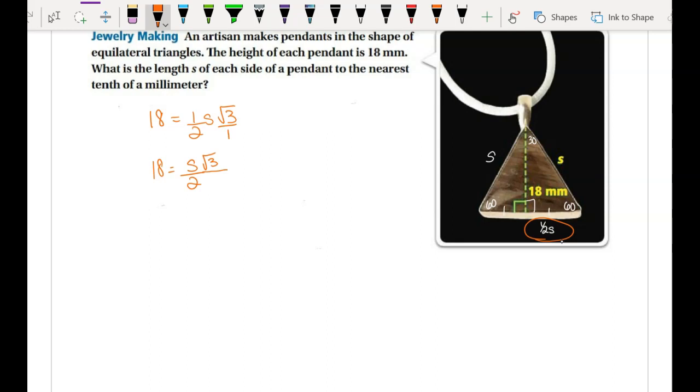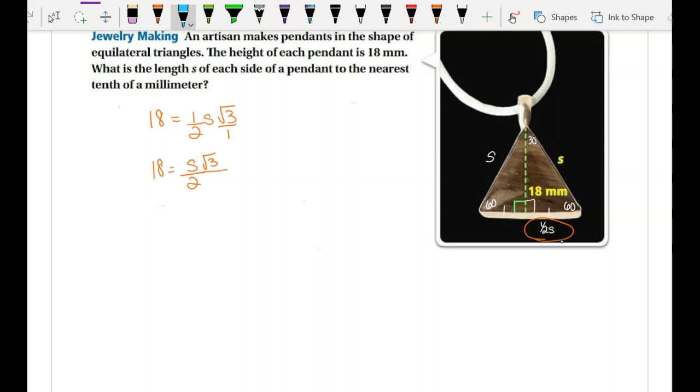So now what? I've got to untangle s, right? I've got a couple of ways I can do this. I can multiply by the reciprocal of square root of 3 over 2, or I can break it down into smaller steps. I think this time I'm going to break it down into smaller steps.